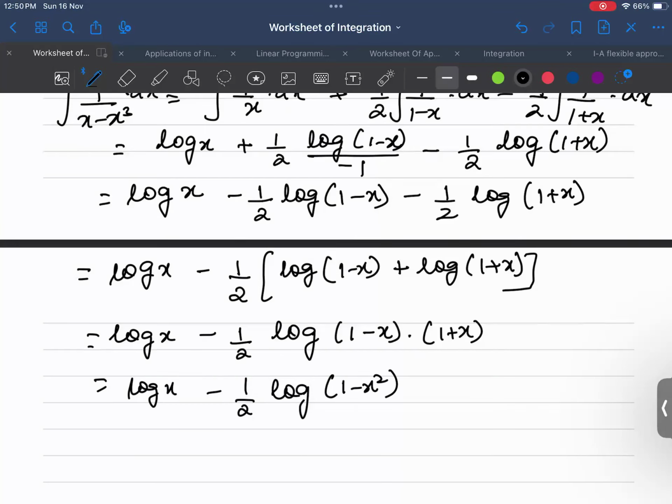Right? And when it is half outside, I can bring it inside and write log of 1 minus x square under root, or in the power half, which becomes under root. And plus c, we write it everywhere after integration.